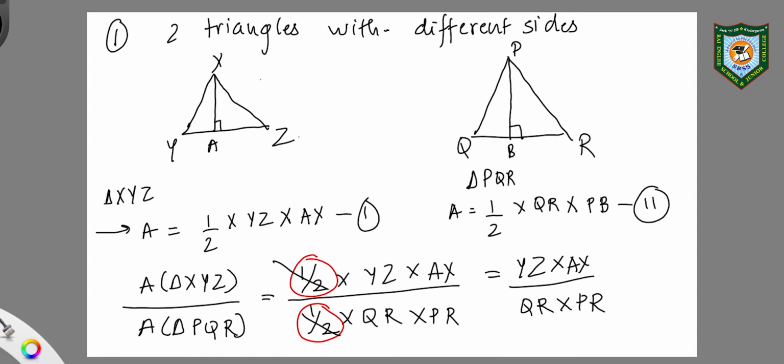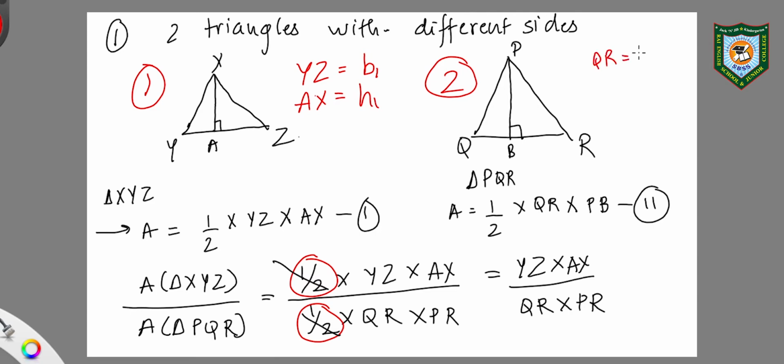So what I'm going to do is name this triangle as triangle 1 and this triangle as triangle 2. I'm going to say that YZ is equal to base 1 and AX is equal to height 1. And in the second case, I'm going to say QR is equal to base 2 and PB is equal to height 2. So all I have to do now is replace YZ with the values that I have given.